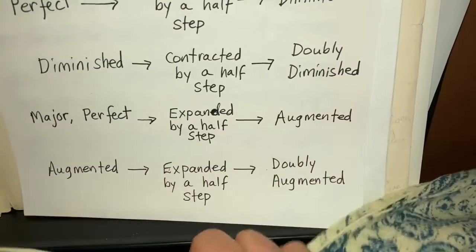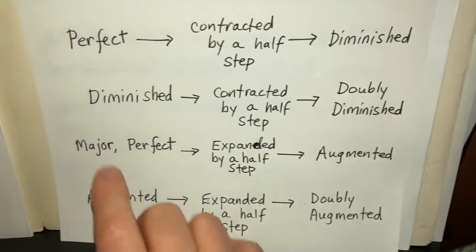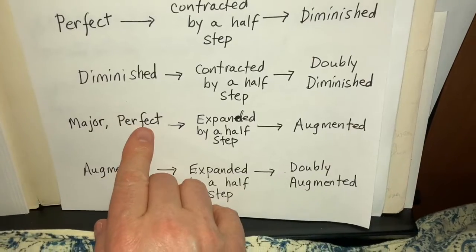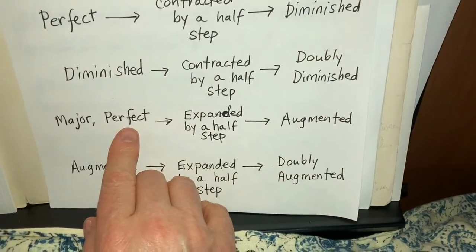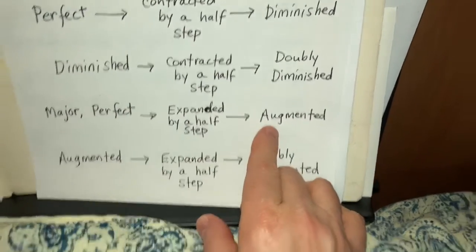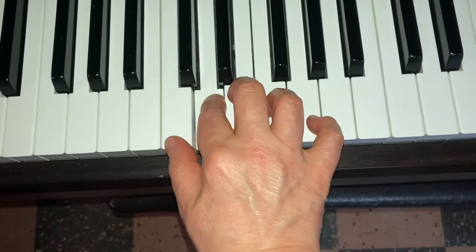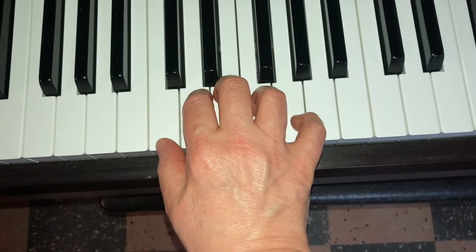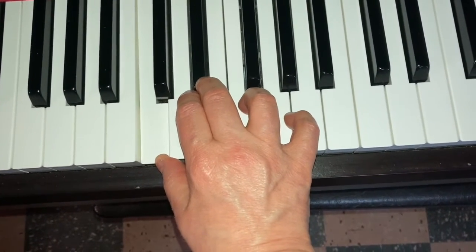The same thing for the augmented intervals. All the scale intervals, the major ones and the perfect ones that are based upon the major scale, if you expand them by a half step, they're called augmented. So this is a major second, C to D, and an augmented second is C to D sharp.